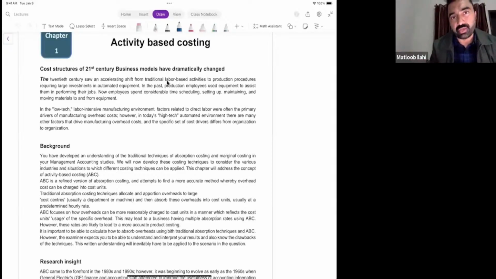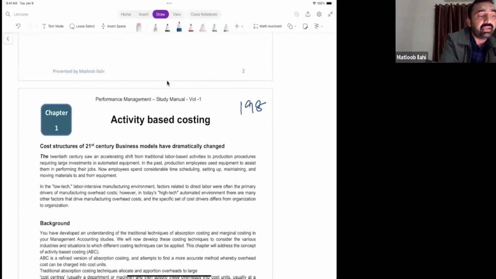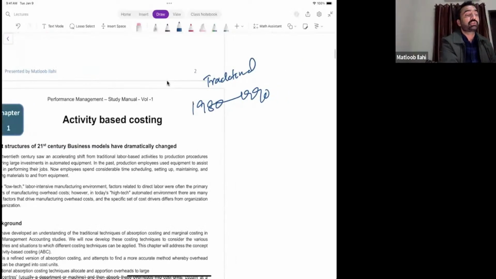Traditional absorption costing was okay when the businesses, business processes, and business activities were simple. For example, if we were living in the 1960s, 1970s, 1980s, or 1990s, it was okay to use traditional absorption costing methods.